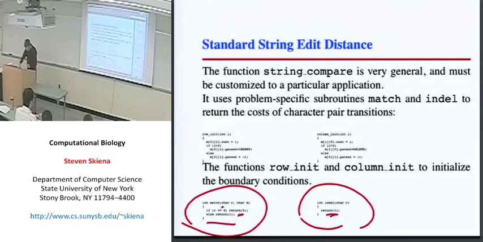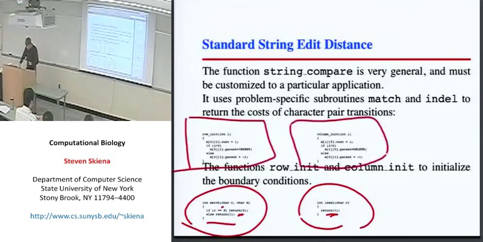I also gave you problem-specific insertion and column initialization and row initialization procedures. Basically, what did I do? When I filled in a row, this was the cost of editing the first I characters into an empty string.